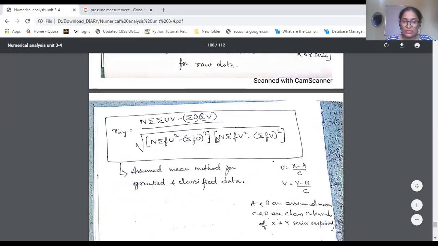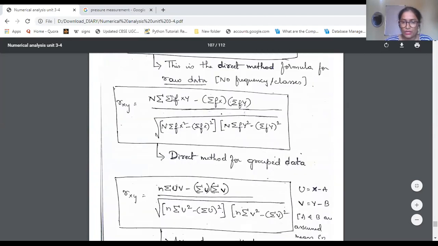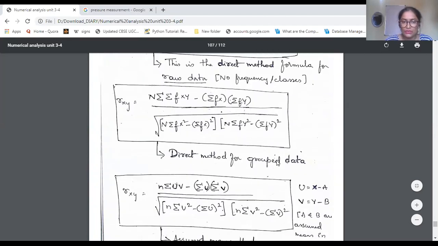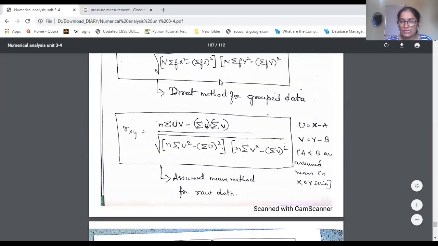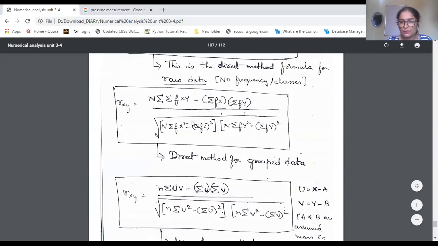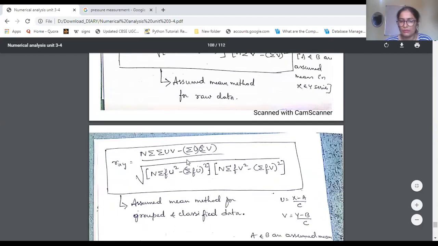Here, just like the formula for grouped data, we have one more summation term, and everything is the same except that we have replaced x and y by u and v, and in this case u is equal to x minus a divided by c. So this interval is different from this one. This c and this c are different. This is the interval of class x and this is the interval of class y.